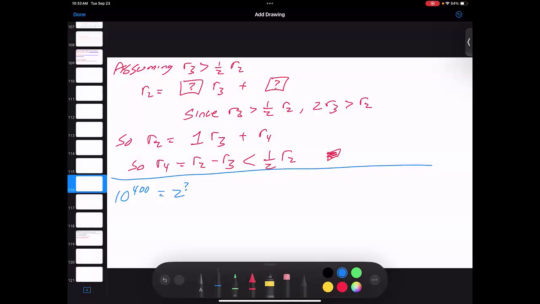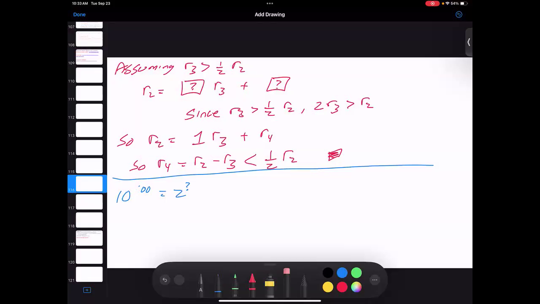How would you figure out how many powers of 2 we need to get to 10 to the 400? Well, I think we're doing maybe 10 to the 200. Our numbers were size 200. Anybody know how you would figure this out? Take a logarithm. What base? 10. Doesn't really matter. Sure.